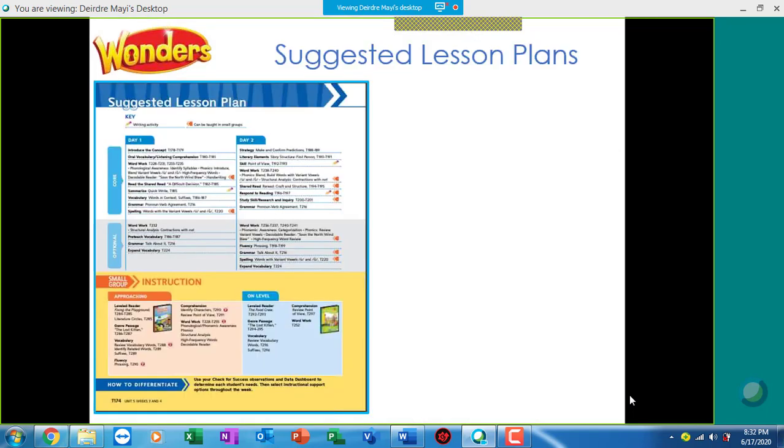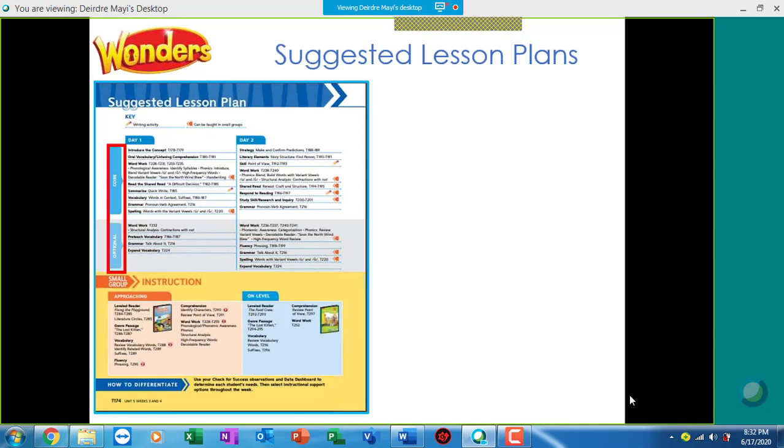When you open up your teacher's edition to a particular week of instruction, you're going to see a suggested lesson plan. Now, let me be clear. Again, your curriculum map will guide you as to how you're going to teach Wonders. But I'd like to help you make sense of what you're seeing on the page in the Wonders Teacher's Edition.